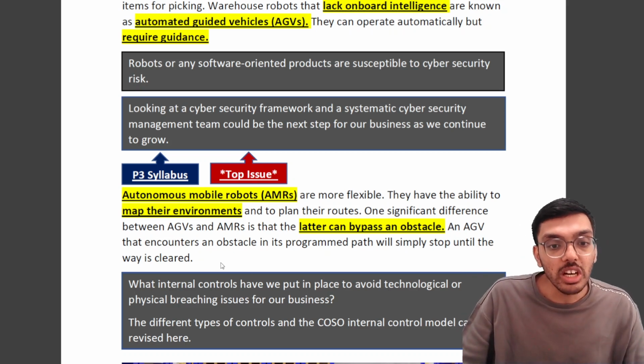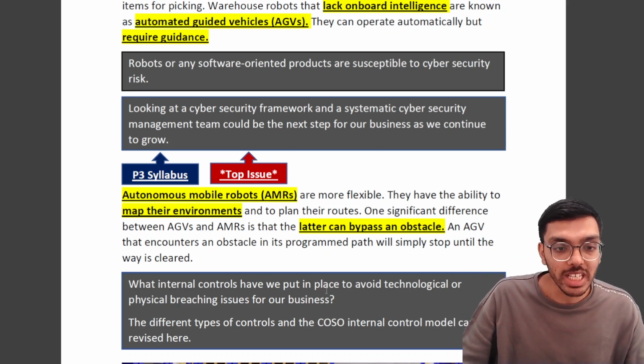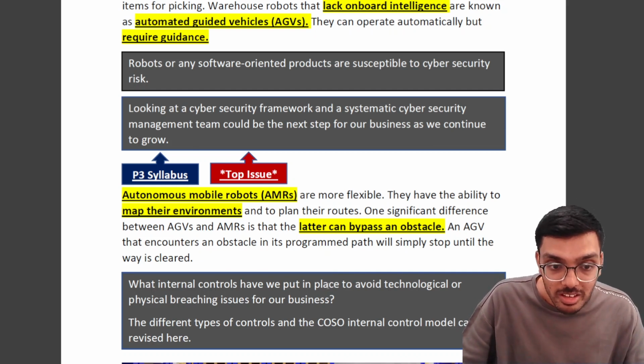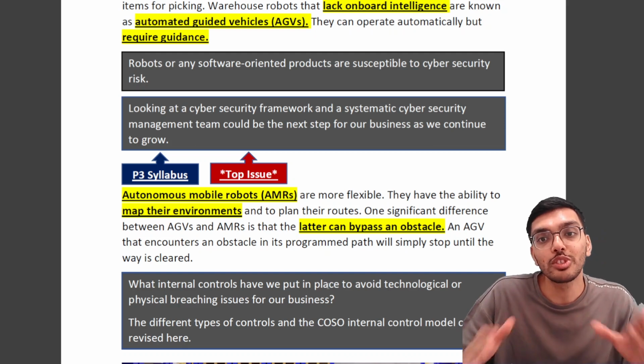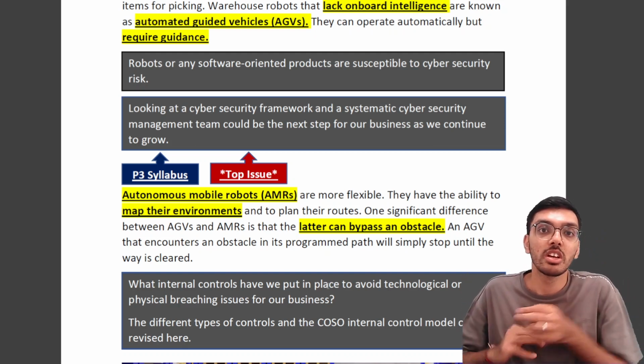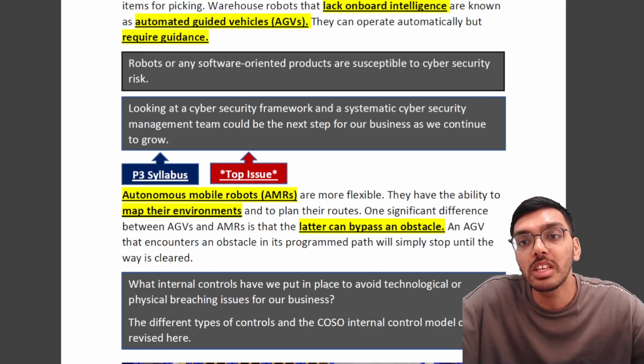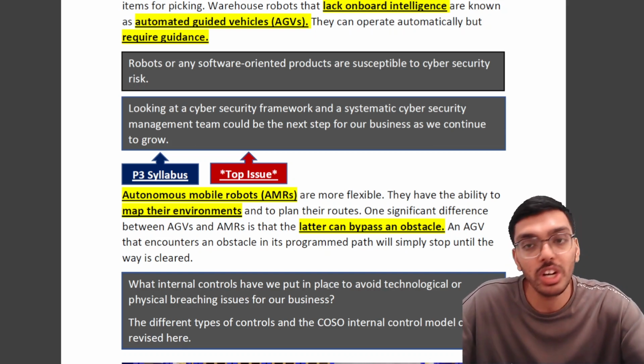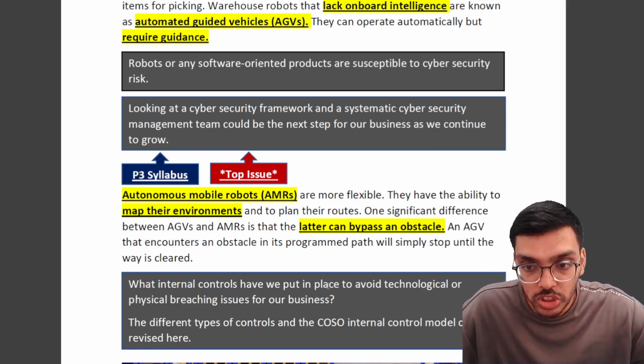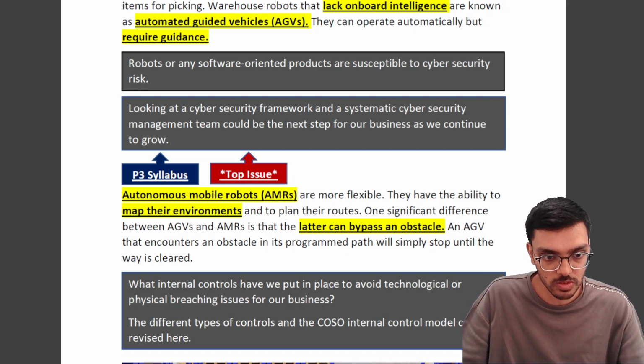So what internal controls have we put in place to avoid technological or physical breaching issues for my business? Because if you don't have strong internal controls, then automatically you are leaving the door open for cybersecurity risk, physical risk, production risk, all kinds of risks.